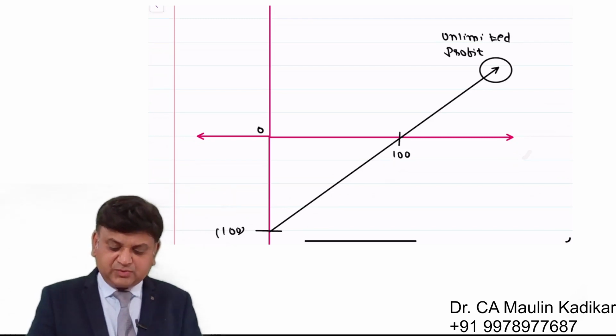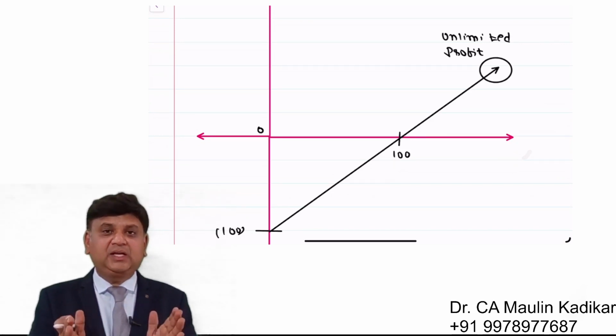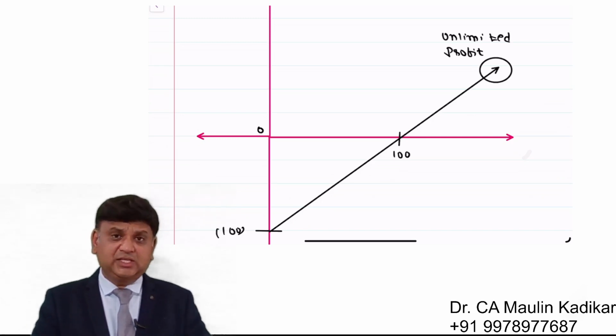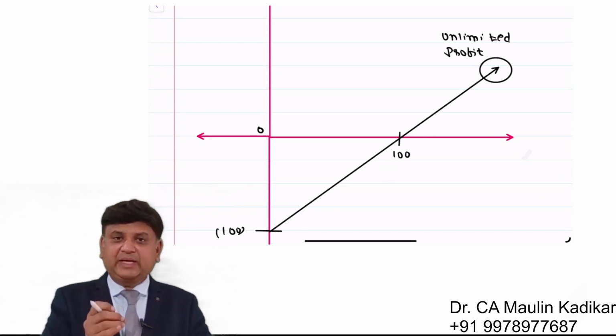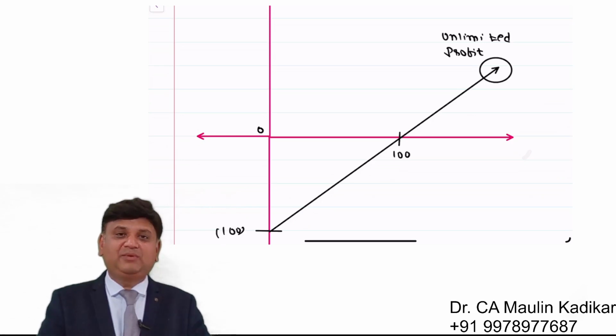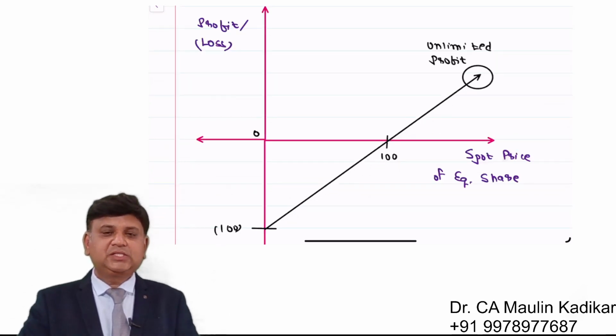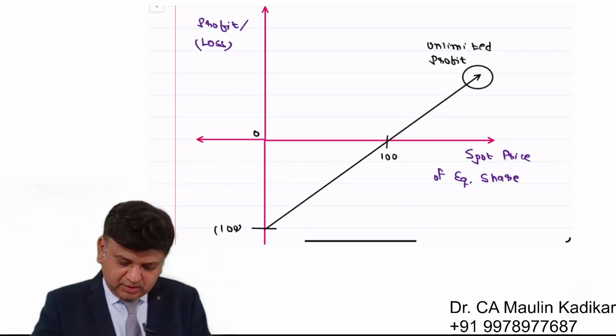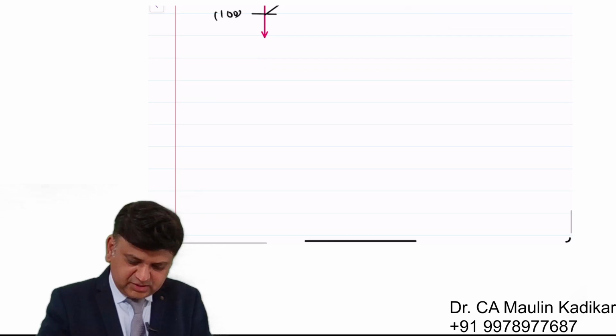I tried to give you an explanation of under which market condition this transaction is entered upon, what is the maximum gain and what is the maximum loss. This is the way we have the diagram. Now write down certain further points.